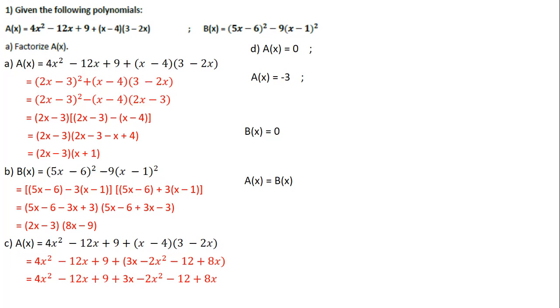Then minus 12x plus 3x is minus 9x. Plus 8x is minus 1x. Bravo. 9 minus 12 is minus 3. Thank you. So this is the expanded form of a of x.